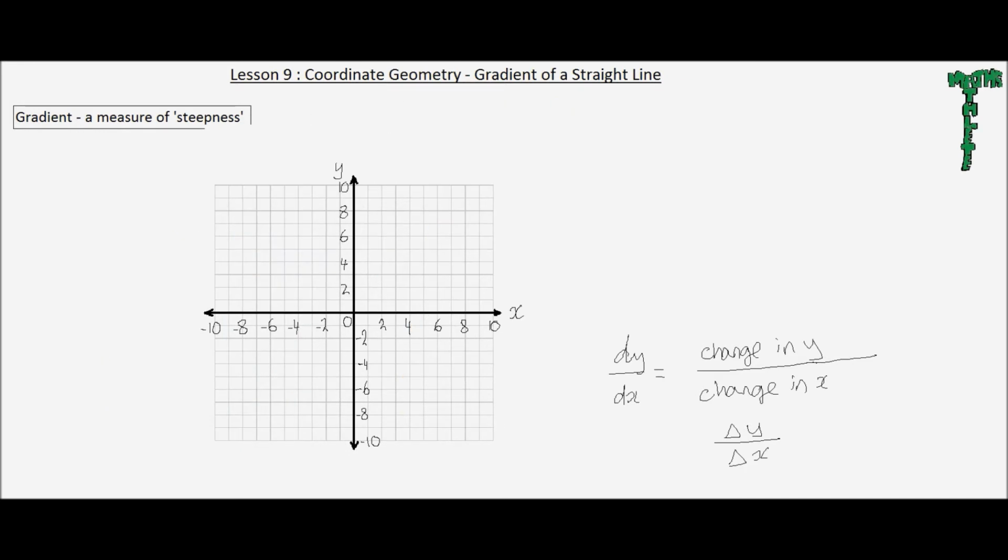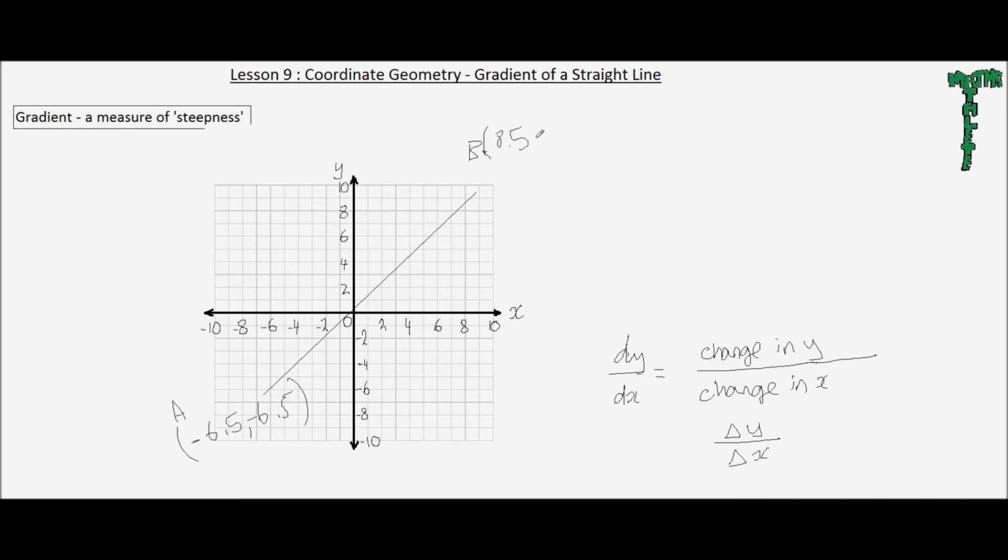So say we had some line like this, and we couldn't really work out the gradient through inspection, and say B had coordinates, I always start with B for some reason, and A had coordinates minus 6.5, minus 6.5 again, and this had 8.5.